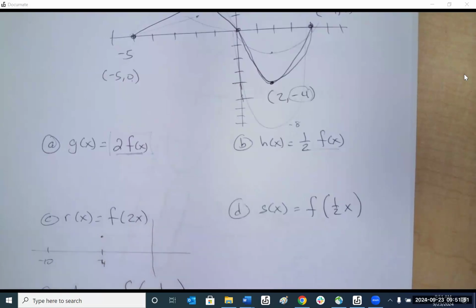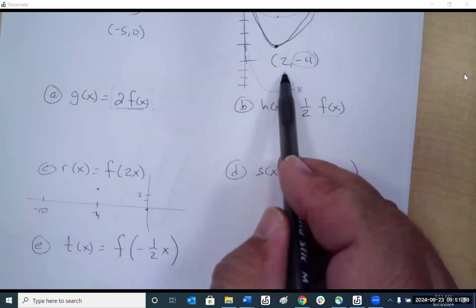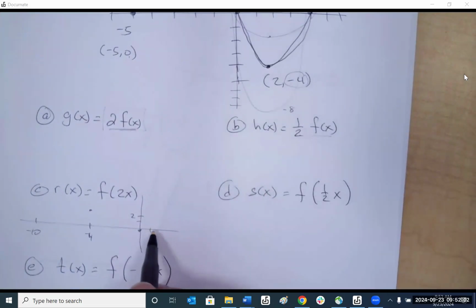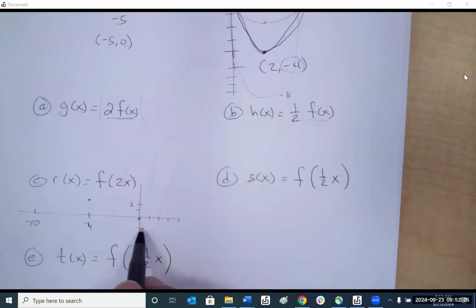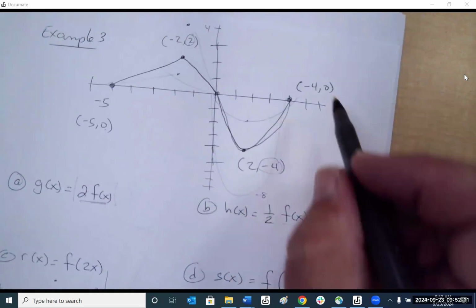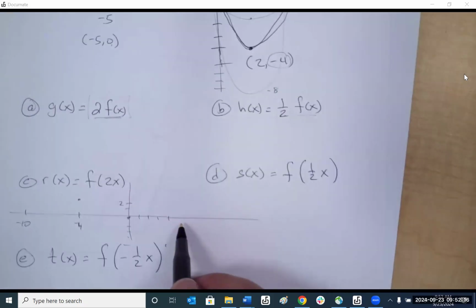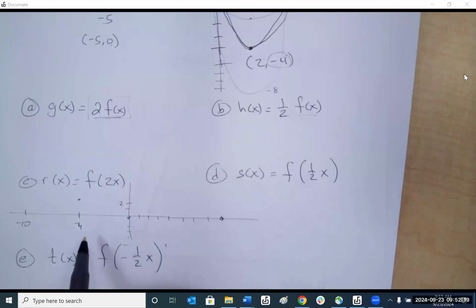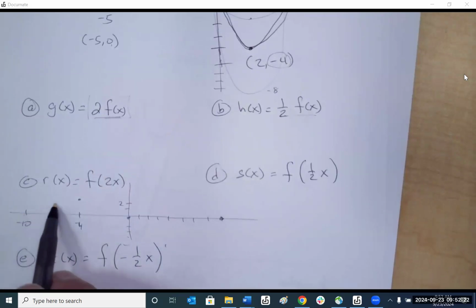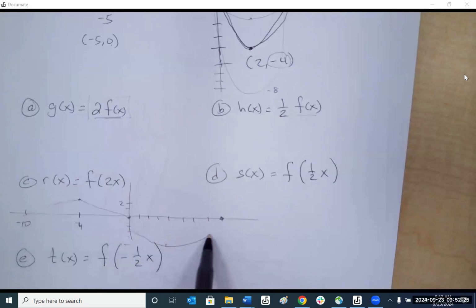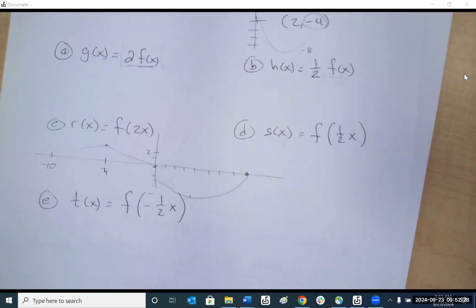So we have -4, 2. 0 stays there. This one becomes 4, and it still stays at -4. And this one, oops, I put negative. This one's +4, it becomes 8. So now my graph looks much longer. It did what? It stretched it horizontally.